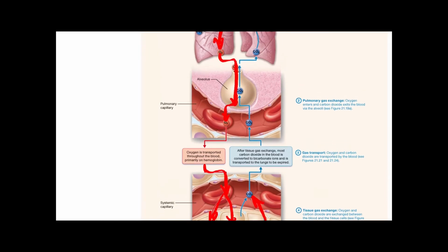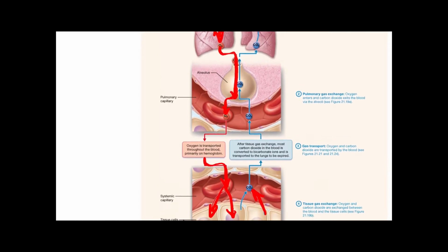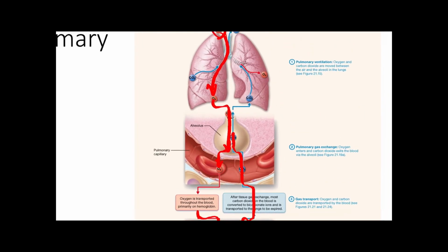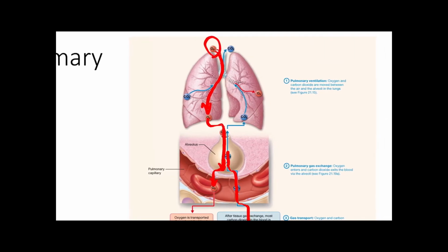And as that carbon dioxide gas makes its way around to the lungs again, then the carbon dioxide can diffuse out of the blood into the alveoli, where it can be released into the atmosphere.